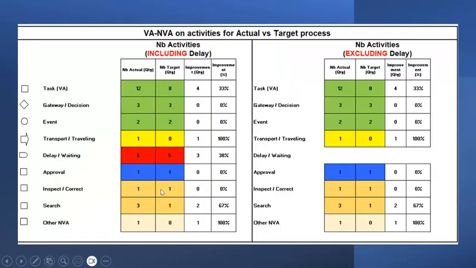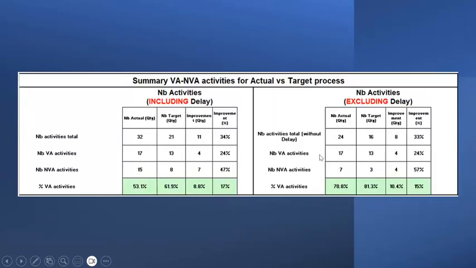If we go to the next one, including the delay, excluding the delay, these are the number of activities. So we went from 12 to 8. The delay and waiting, we went from 8 to 5 activities. We still have an approval process here. The search here, excluding the delay, we went from 3 to 1, which is an improvement.